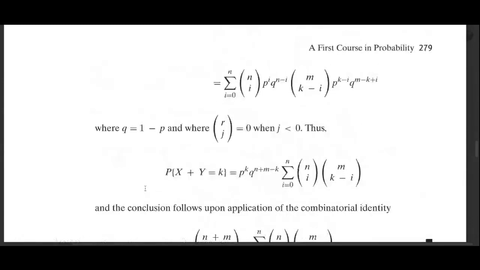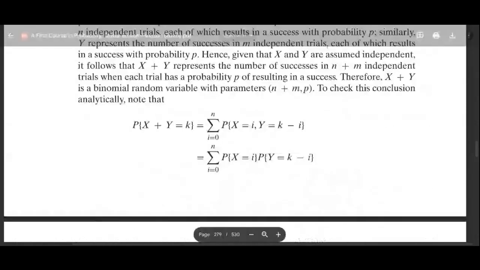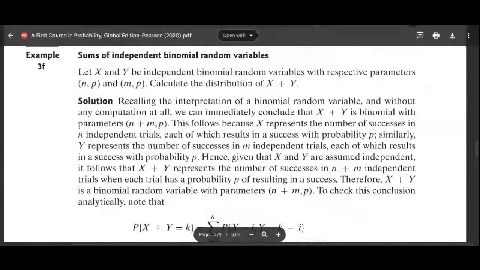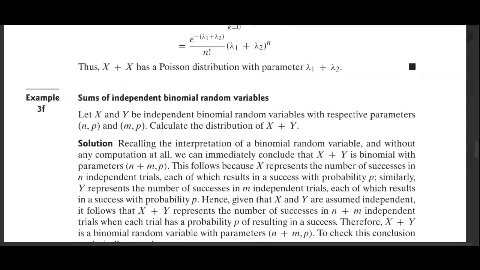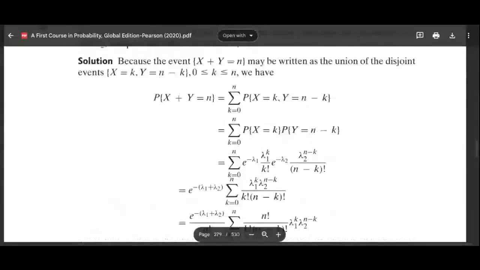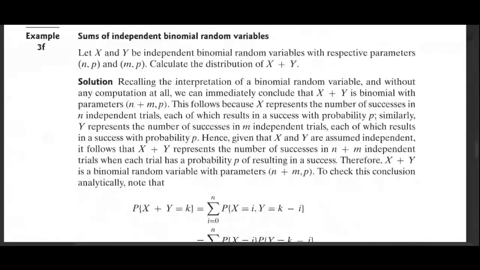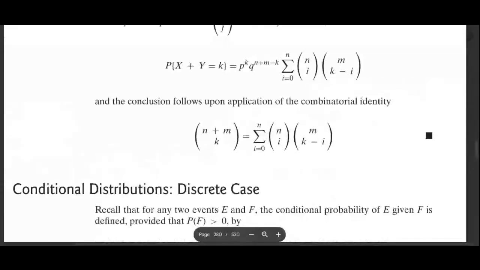You see how nice? So this is for sums of binomials, independent binomial random variables. So the sum of independent Poisson, very nice. Sum of binomial, very nice. Normal, very nice. You see this simplified.